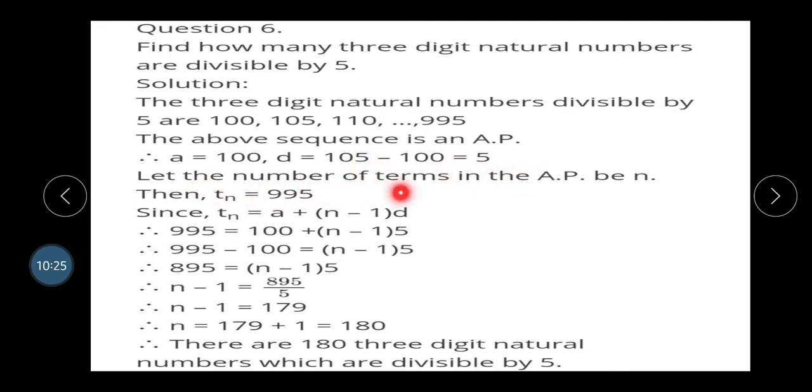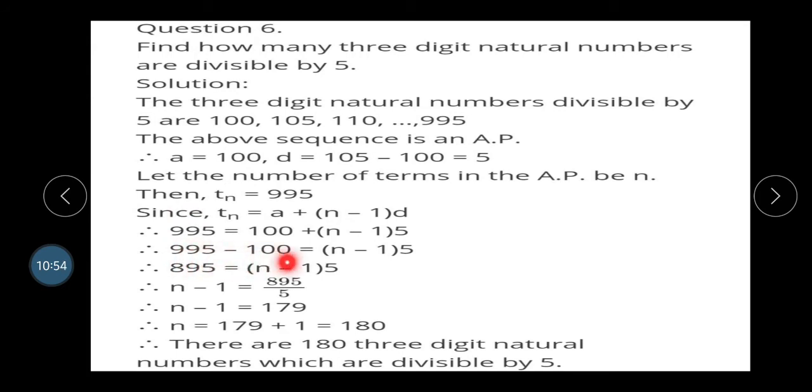Let the number of terms in the AP be n. Tn equals 995. We will write our formula Tn equals A plus n minus 1 into D. Substituting the values, 995 equals 100 plus n minus 1 into 5. Now 100 will go to the LHS part, it will become minus.